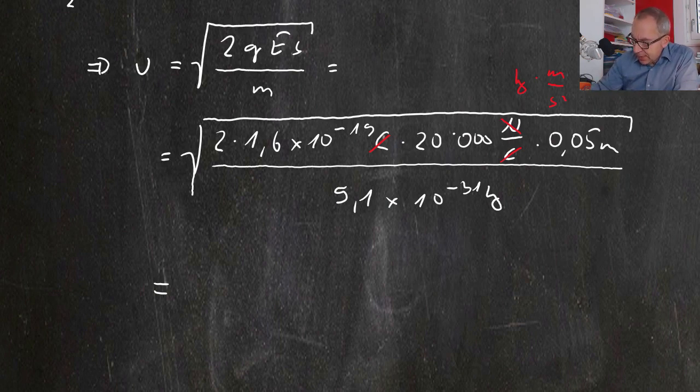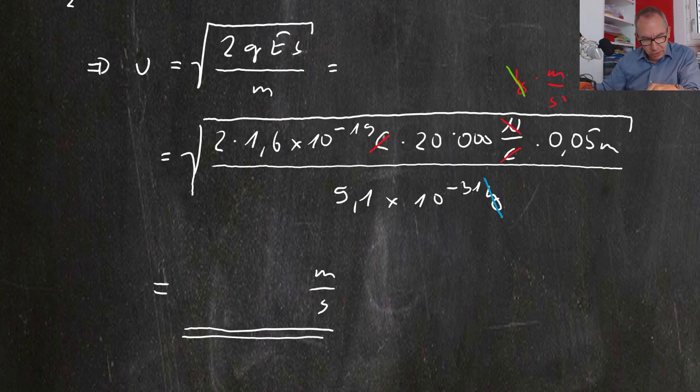Then we see that the kilogram drops and we are left with meter per second squared times meter, so it's square meter per square second, and the square root of that is meters per second. If we put this into the calculator, we get 1.9 times 10 to the power of 7, which is quite fast.